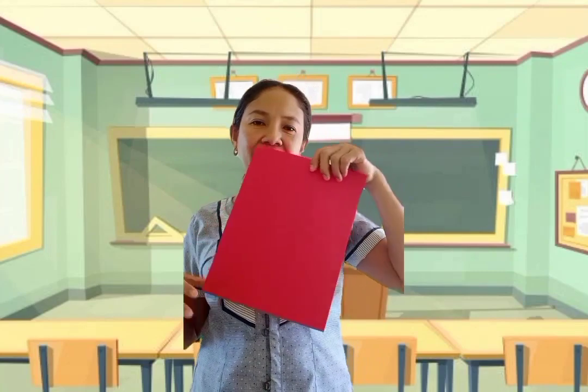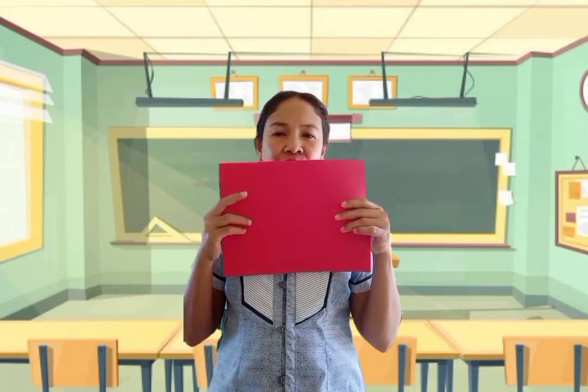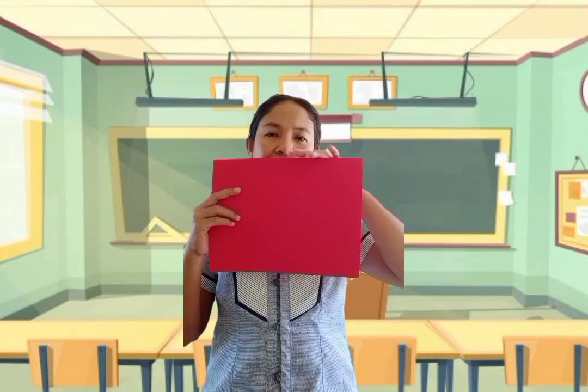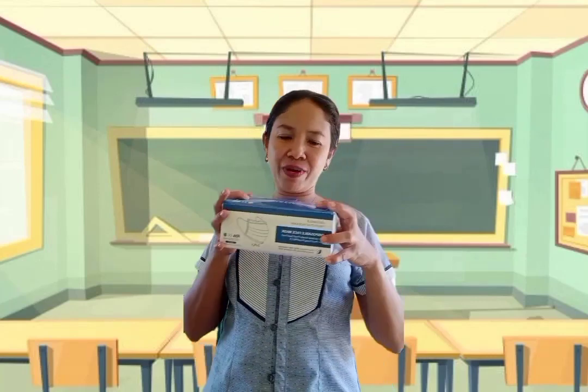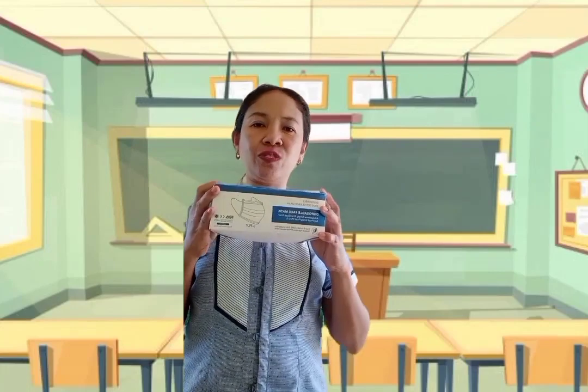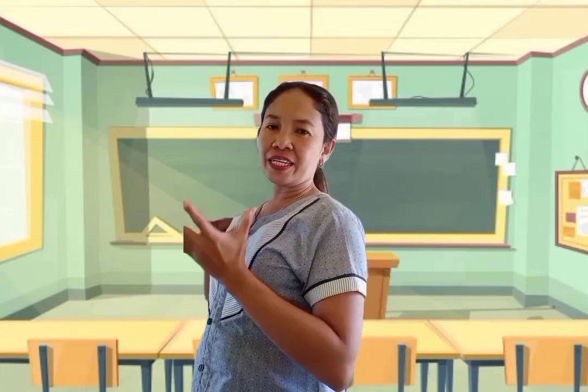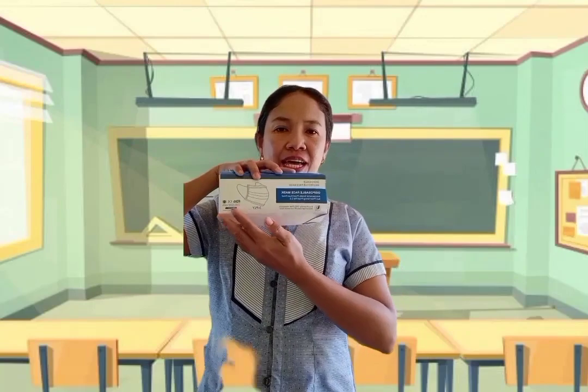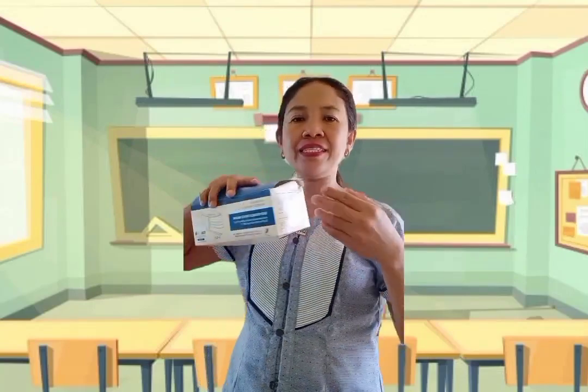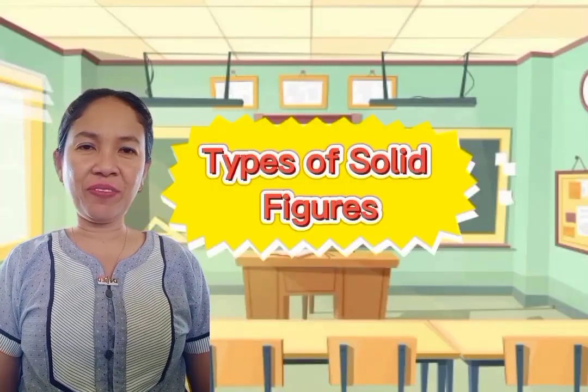The colored paper is a very good example of plane figure because it has flat surface and it has two dimensions, which is length and width. Whereas this box of face mask is a three-dimensional figure or what we call solid figure because it has three dimensions, which is length, width, and height.